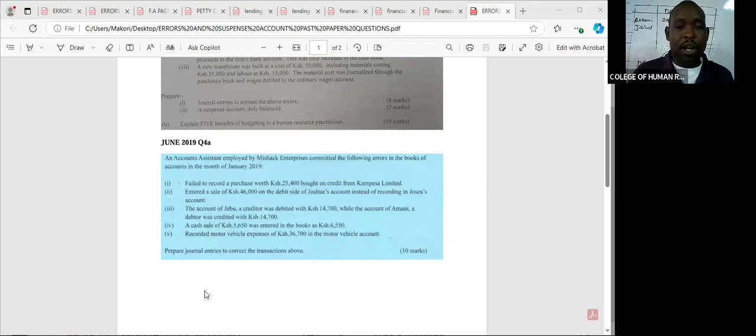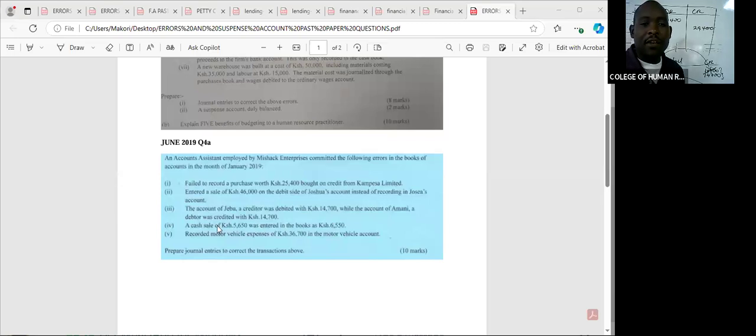900 was recorded as extra, both to cash and sales, because when you make cash sales, you debit cash, you credit sales. Sales account is always credited. So you did that, but you used 900 extra for each account. So you are supposed to reverse only the 900, the extra, because it's an overcast.